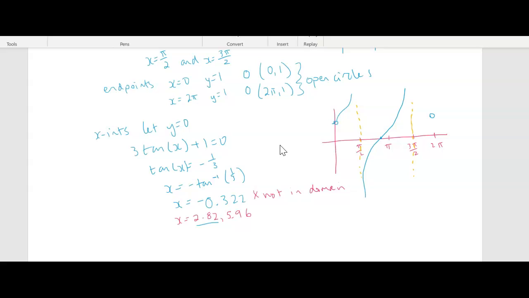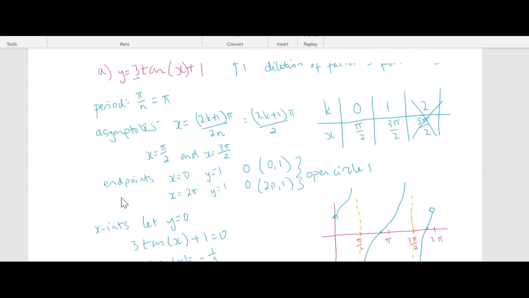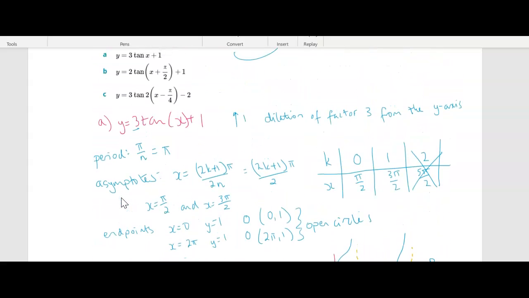All right, so kind of like that. And then for the next one, we're at 5.96. So it's kind of crossing at the same distance from that midpoint. And we're going to be stopping there at 2 pi. All right, let's move on to question C.